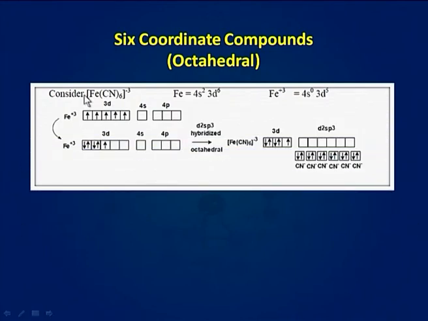Here is the example of [Fe(CN)6]3-. As you know, CN is a strong field ligand. So, here is the Fe3+ configuration, and because of the presence of strong ligands, these unpaired electrons are forced to pair up, and the 6 empty orbitals which we require to fulfill the coordination number 6 are d2sp3, and the complex will have an inner orbital octahedral geometry.